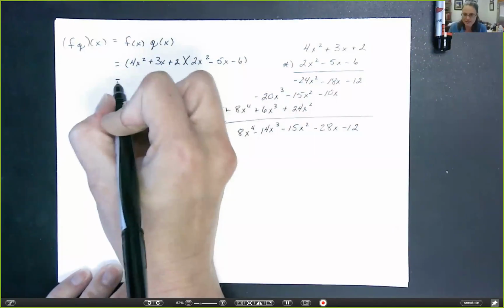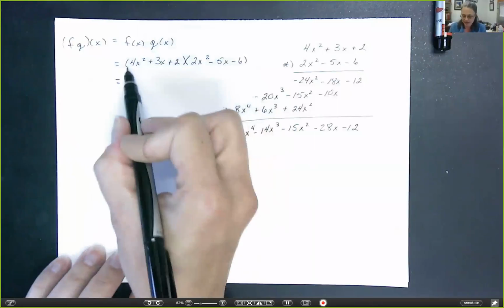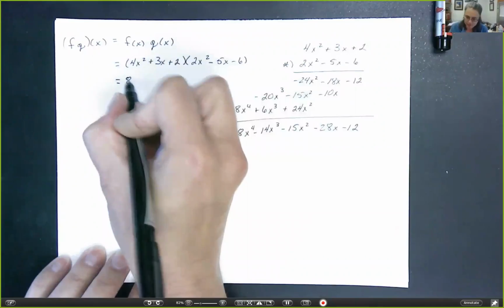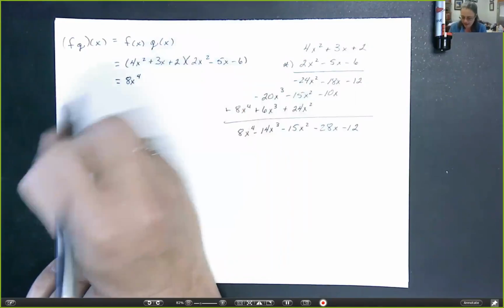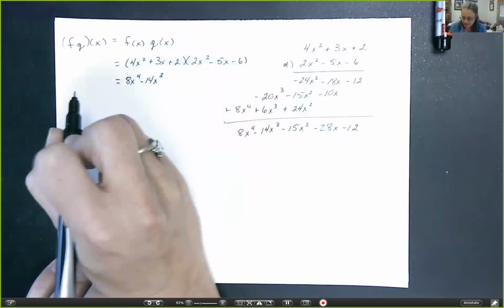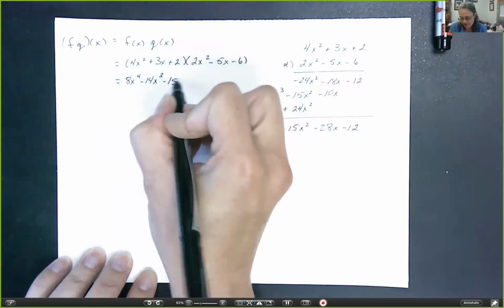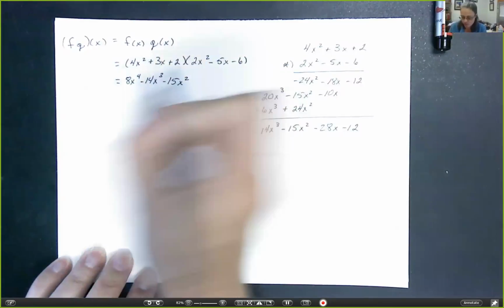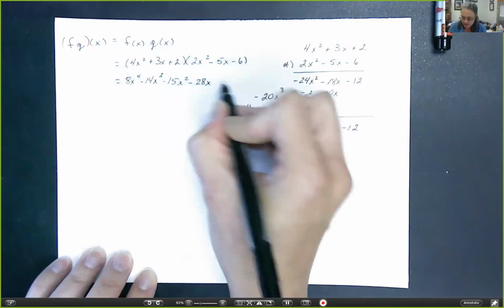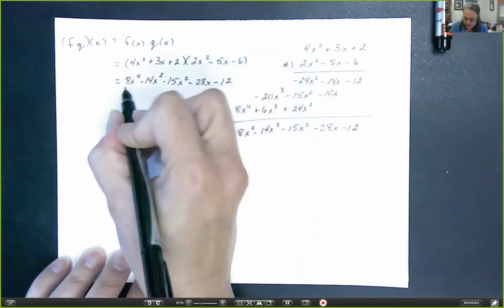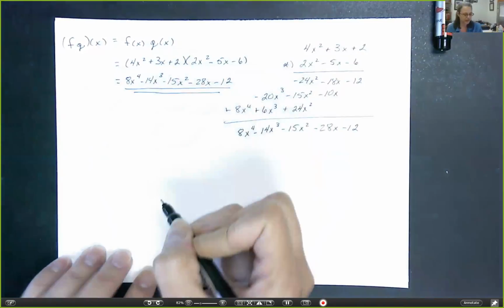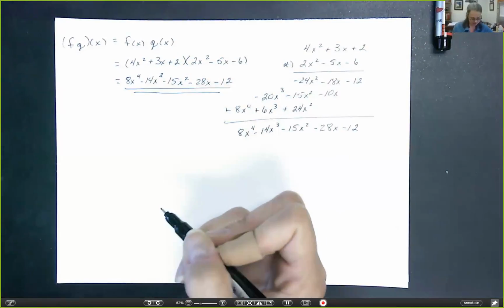And that is the result of multiplying f of x times g of x. 8x to the fourth minus 14x to the third minus 15x squared minus 28x minus 12. That is the simplified form of f of x times g of x.